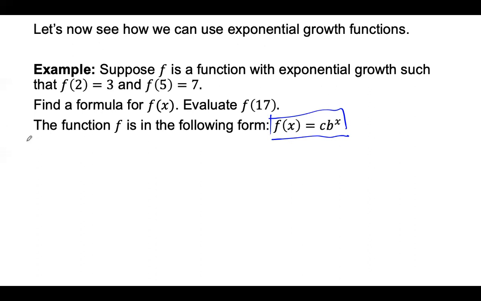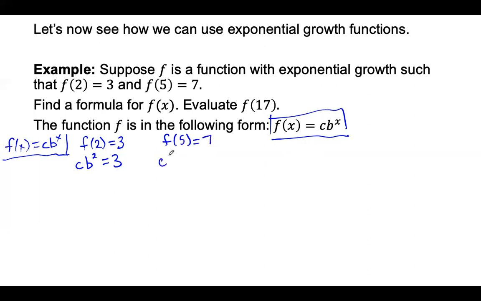Again, just to repeat, we want f of x to be of this particular form. So f at 2 is equal to 3. Of this particular form, that means c times b to the exponent 2, because x is 2, is equal to 3. And f at 5, when x equals 5, is equal to 7.